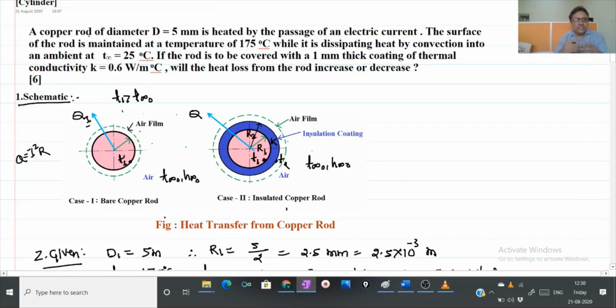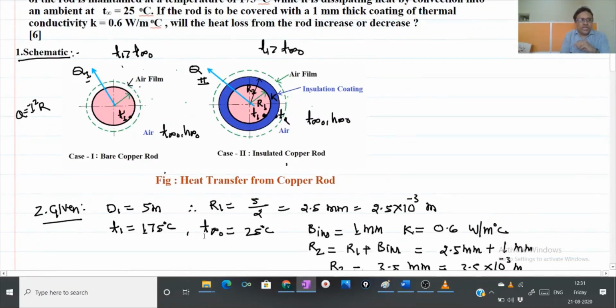In the second case, the same bare rod is provided with insulation and is exposed to the same environment. So by virtue of the temperature difference, again heat transfer will take place from this entire arrangement, let's say at the rate Q2. So we are supposed to calculate whether Q2 will be less than Q1 or more than Q1. The title of this entire schematic will be heat transfer from copper rod.